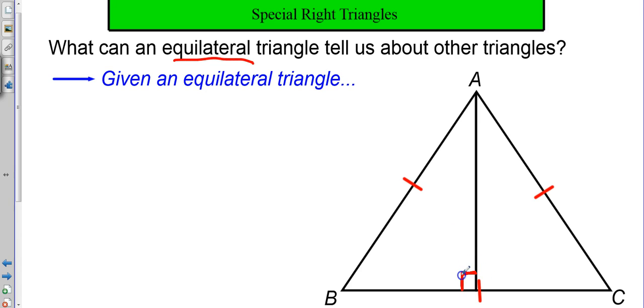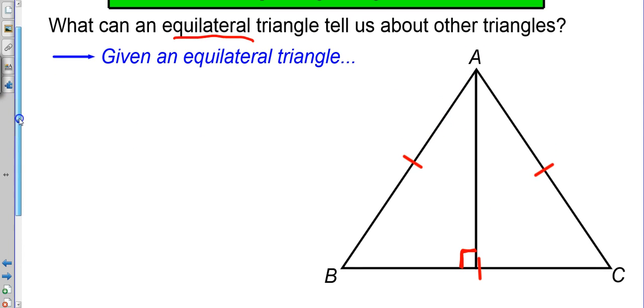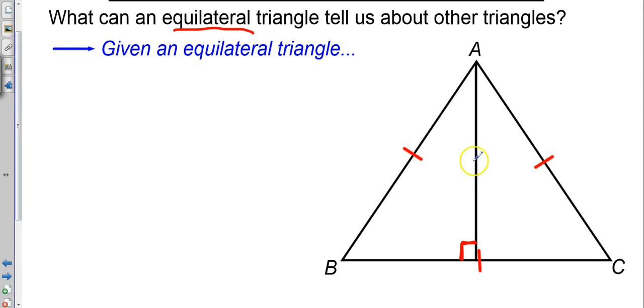So here's the situation that I had. I started with an equilateral triangle, and we're going to drop an altitude down, and what that does is split this equilateral triangle into two congruent triangles. Throughout the year, we've looked at what happens when we do that with an isosceles triangle, but also an equilateral. We know, and we've proven, that if you have an altitude of an equilateral, then it is also the perpendicular bisector.